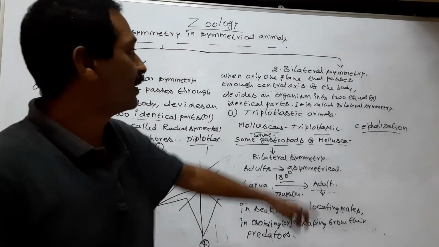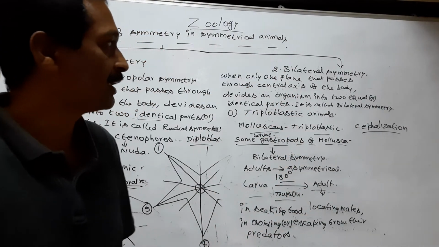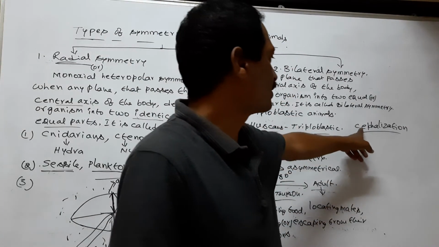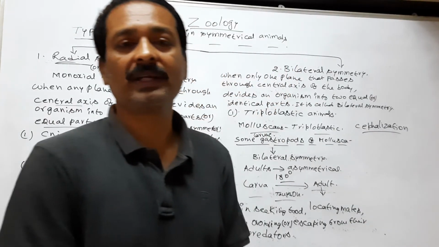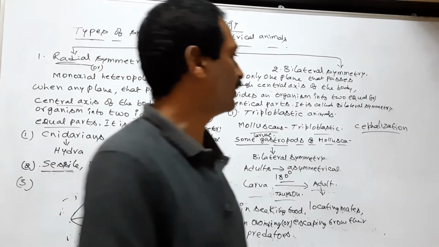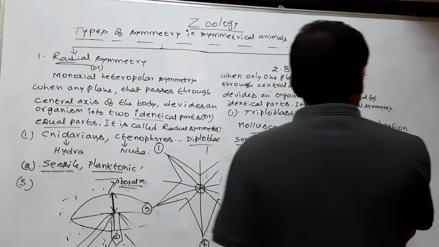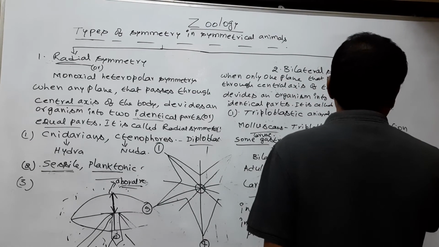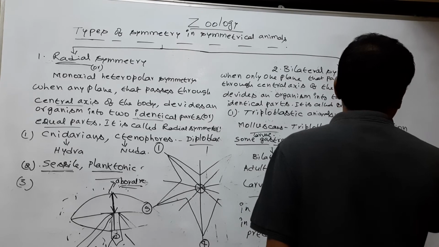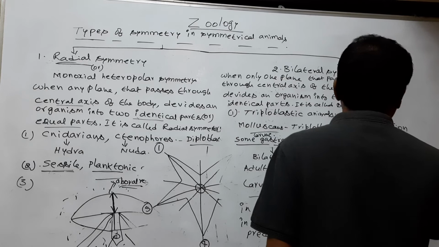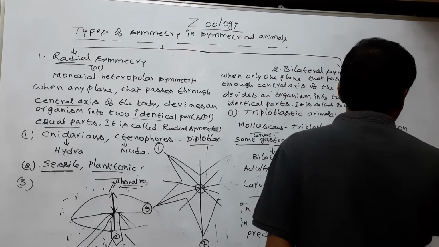The animals which exhibit bilateral symmetry show cephalization. What is cephalization? Cephalization means the concentration of nerve and sensory cells at the anterior end of the body.